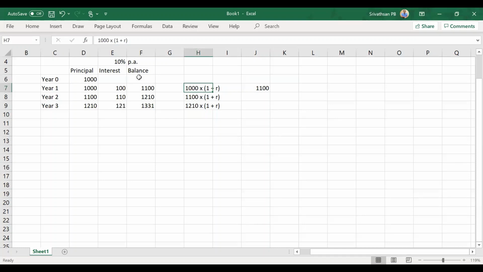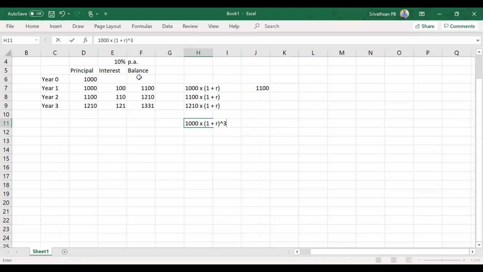So 1100 is 1 plus r times 1000, 1000 into 1 plus r. We have done that 3 times. So instead of doing it this way, a shorter option would be 1 plus r to the power 3, because 3 times you are doing it: 1 plus r, 1 plus r, 1 plus r.